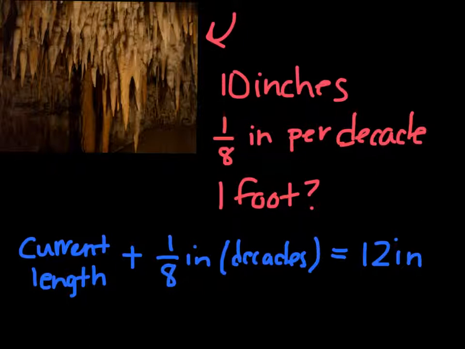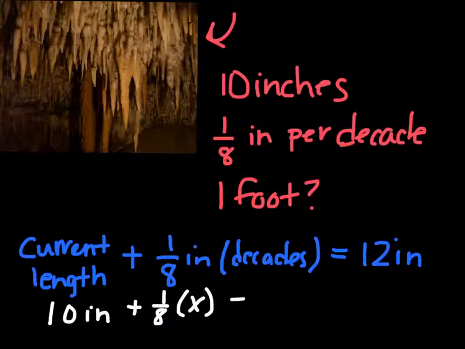Okay, now let's substitute in the numbers that we know. The current length is 10 inches. We're going to put x for the number of decades, and that equals 12 inches.